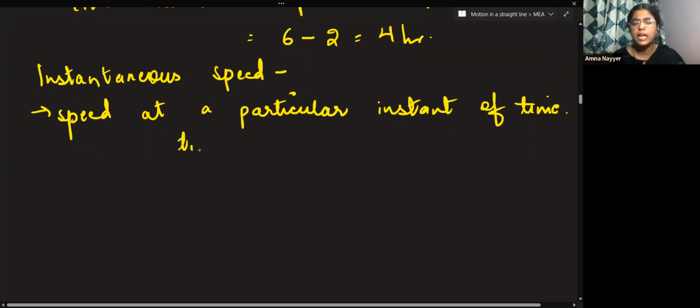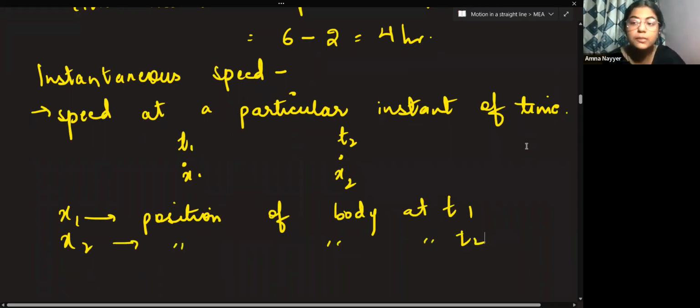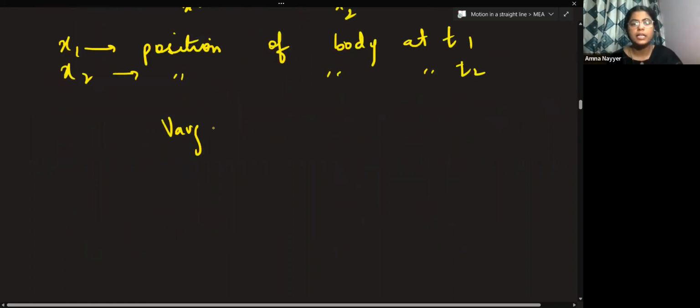For example, say at t1 the distance is x1, and at t2 the distance is x2. Let me write it. x1 is the position of the body at t1. x2 is the position of the body at t2. So average speed becomes what? Whenever we are calculating average speed, it is the change in distance, whatever distance has been covered, divided by the total time.